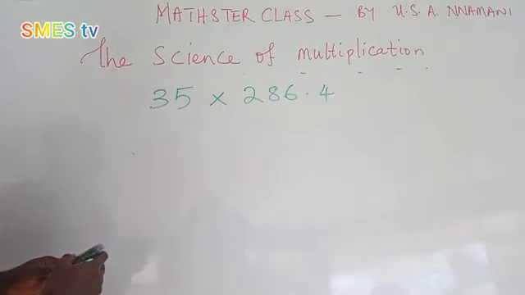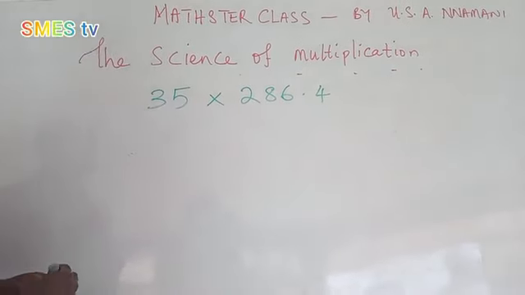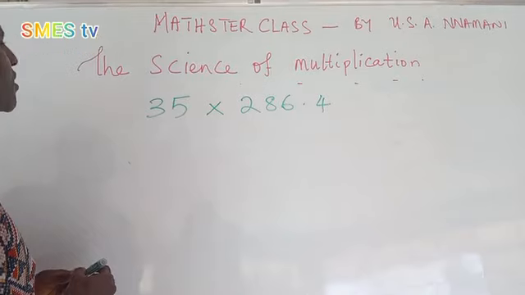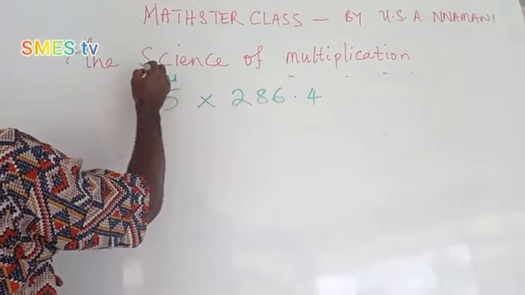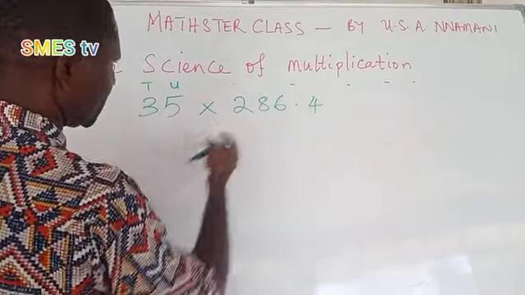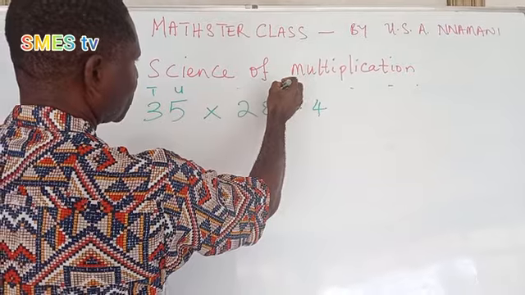So let's take the respective place values of the digits of the numbers. This is a whole number, so we have units and we have 10. Okay, this is a decimal number. Always begin from units.